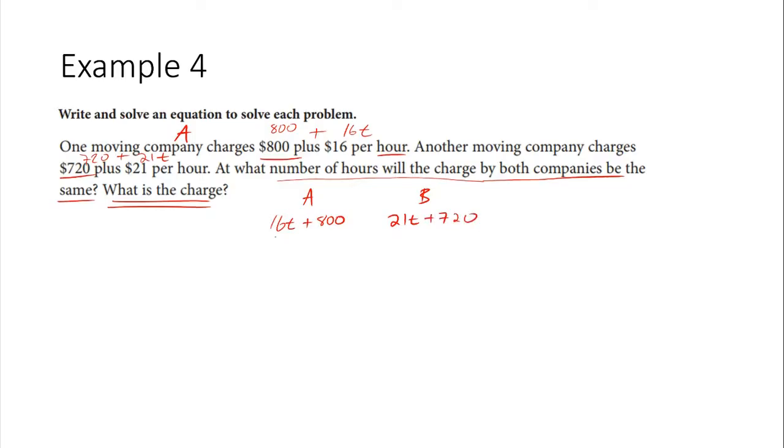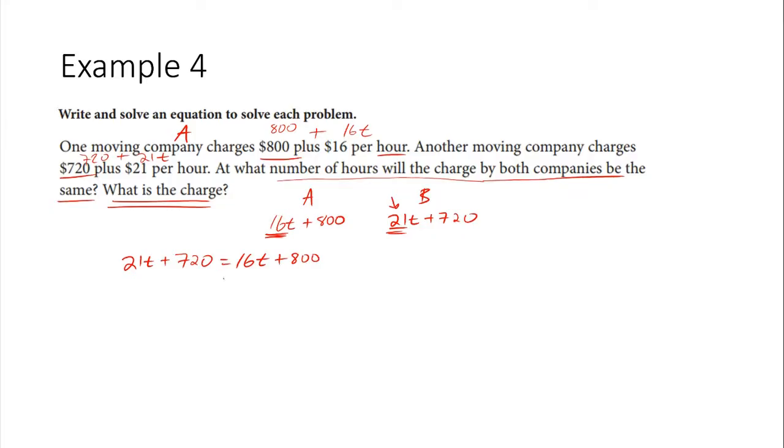Which one has a greater coefficient or hourly rate? Hopefully you said company B, right? So I want to have company B on the left-hand side of my equation, and then I'm going to set it equal to company A, which was 16 per hour plus the $800 fee.